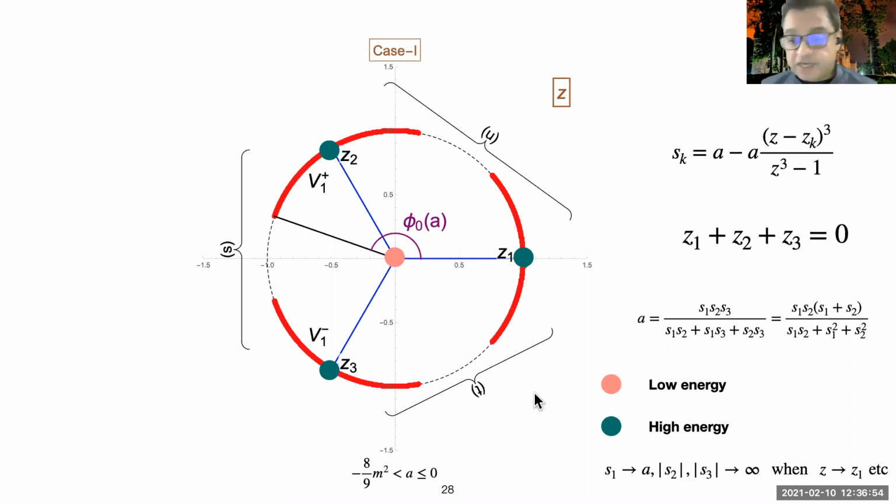If you were interested in the limit where S1, S2, S3 went to 0, then you would be zooming into the origin. But if you were interested in the Regge limit, where you take one of the variables fixed and the modulus of the other two to infinity, that would translate into going to one of these regions, Z1, Z2, or Z3.